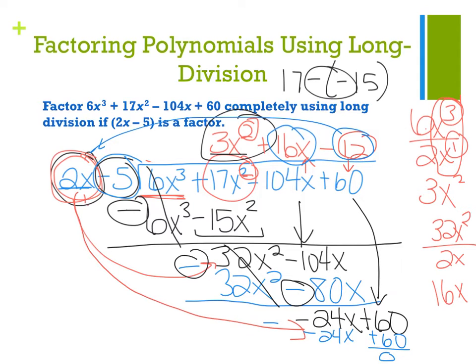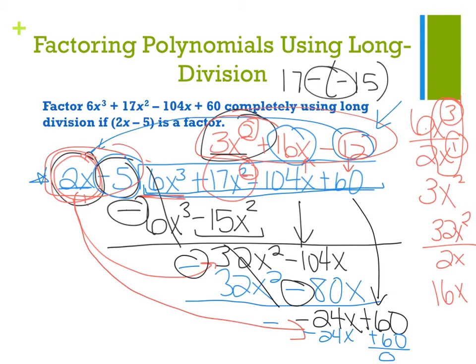Now, I can check my answer because when we divided here, our answer is 3x squared plus 16x minus 12. And if I multiply that by the divisor, which was 2x minus 5, I should get the dividend, which is underneath the dividing symbol here. So if I multiply my quotient, which is my answer, times my divisor, 2x minus 5, that gives me the dividend.